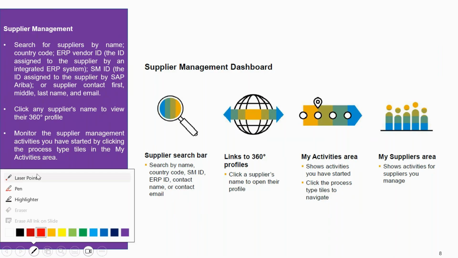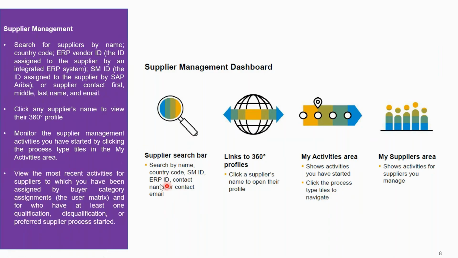So it will give you all the search bar capabilities. It will try to search based on whatever data you have given. It automatically identifies and tries to give the best search possible with the data you might have given.